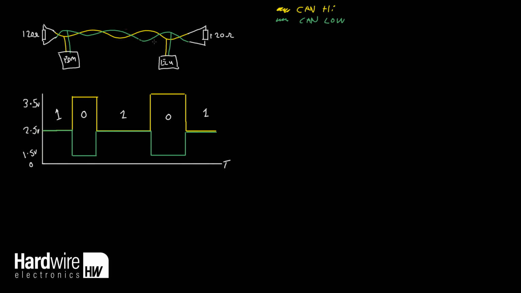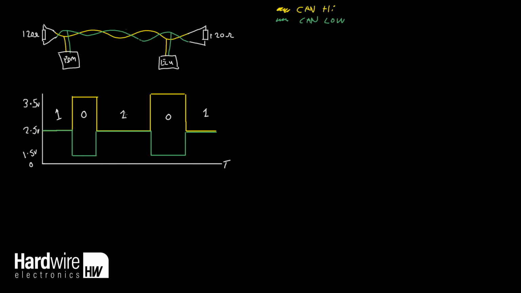So there are a few reasons why we need to use these resistors at the end of the CAN bus. To explain the first reason, we need to understand how the CAN bus transmitters actually send data, how they write ones and zeros onto the bus. Now, CAN bus transmitters are called open collector, and that means that they can only drive the bus in one direction. They can only actively write a zero onto the bus.